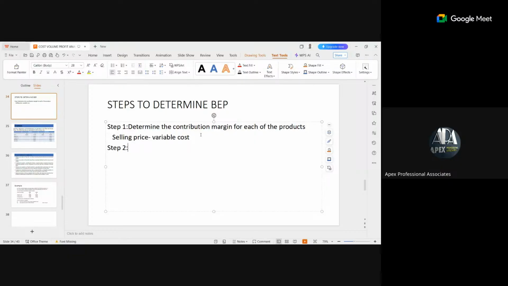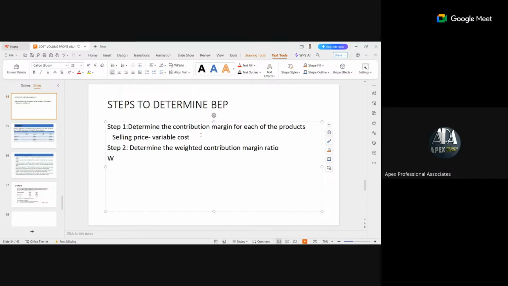Step two, you determine the weighted contribution margin ratio. Another word for mix is weight. Now, how do you determine this?